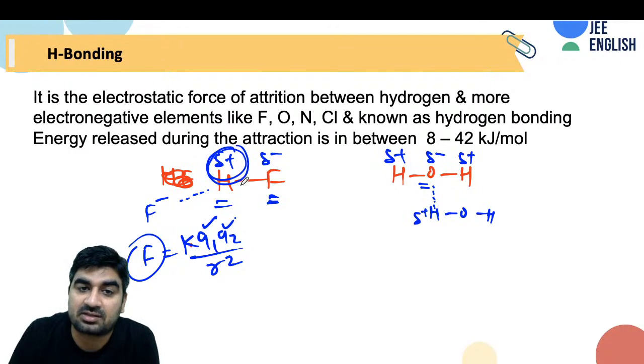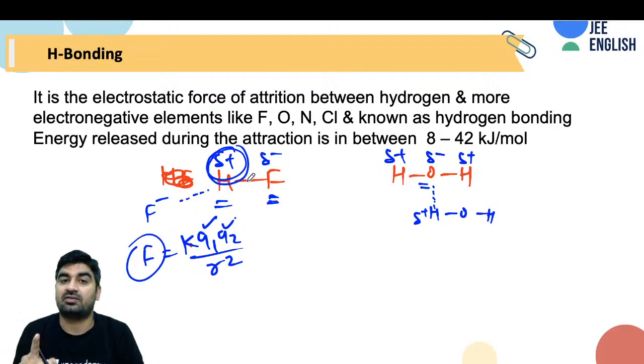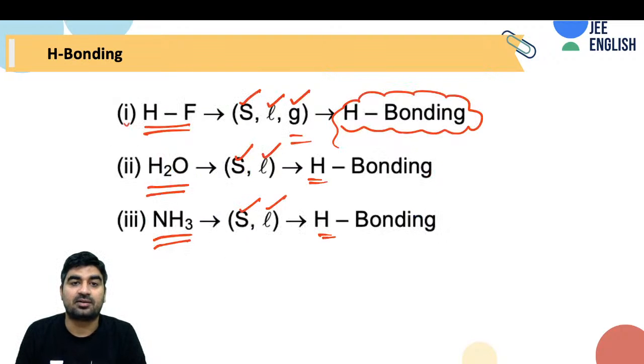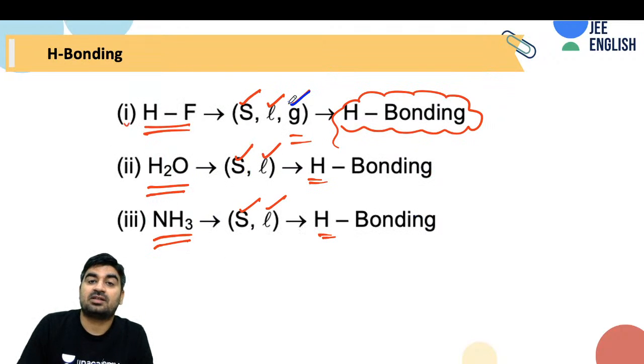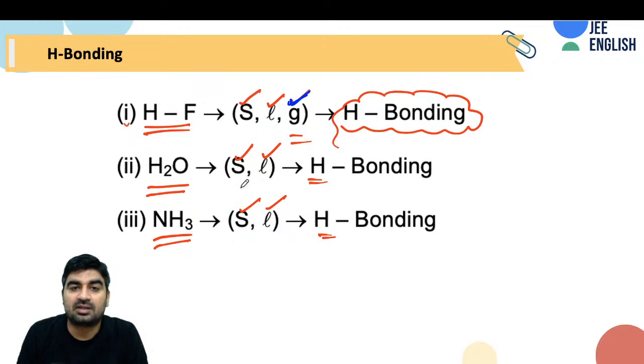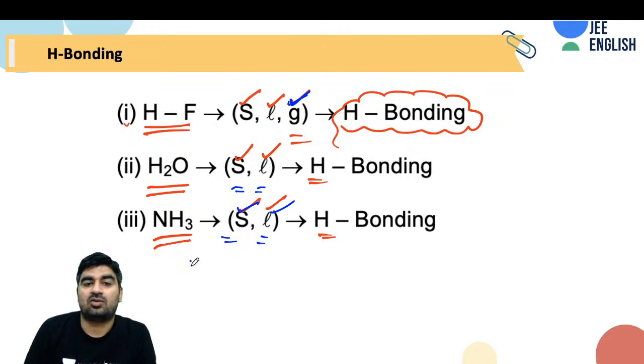So I will say that the hydrogen bonding in HF will be more strong. Got it? That's why even in the gaseous phase there is hydrogen bonding. But in H2O and NH3, there is hydrogen bonding only in solid and liquid phase. So how will that hydrogen bonding take place? This is H2O.